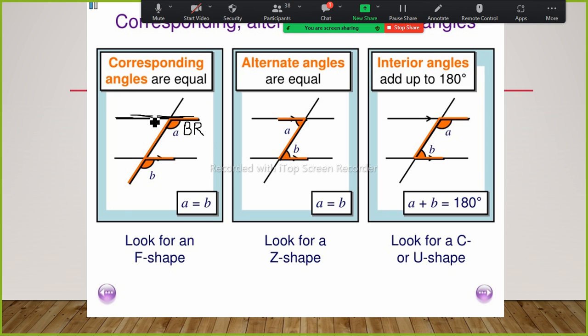And if we look at this other parallel line as well, angle B is also to the bottom right. Isn't it? You understand that? The bottom right, bottom right. Both of them are to the bottom right. Do we understand that? Or do I need to explain it again?